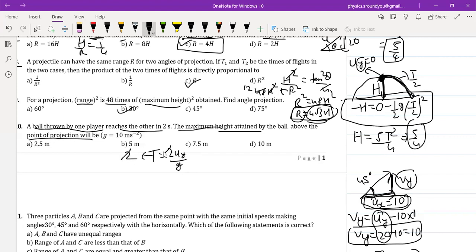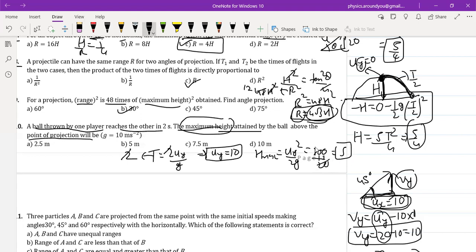The 2 cancels with the 2, and I get the initial vertical component as 10. After getting the initial vertical component, how will you get the max height? Maximum height is u square sine square theta by 2g, or I can say uy square by 2g, initial vertical component square by 2g. So 100 by 20, which gives me around 5 meters. So the answer is 5 meters.